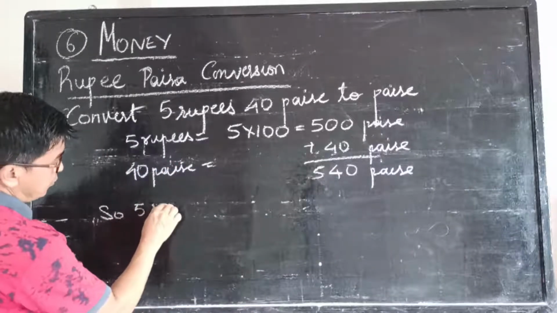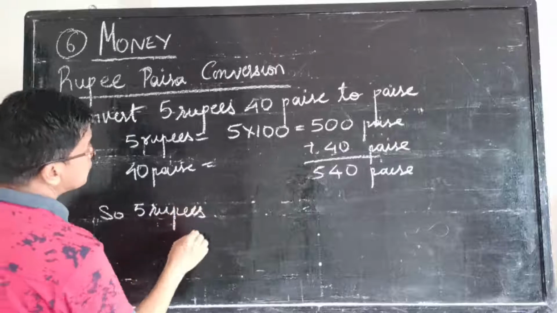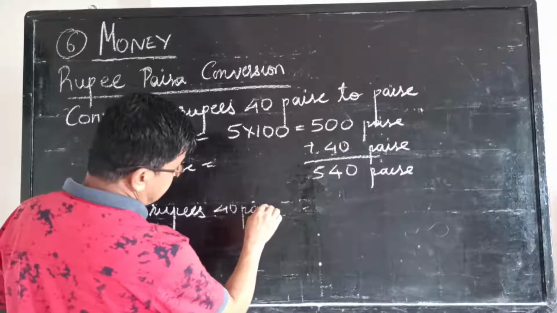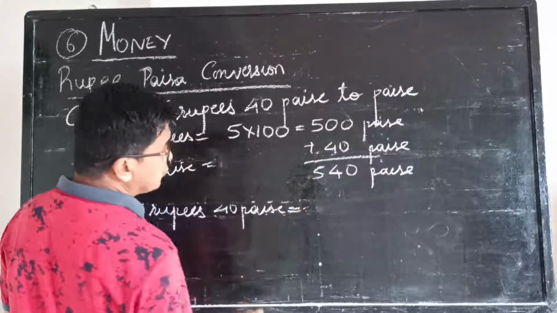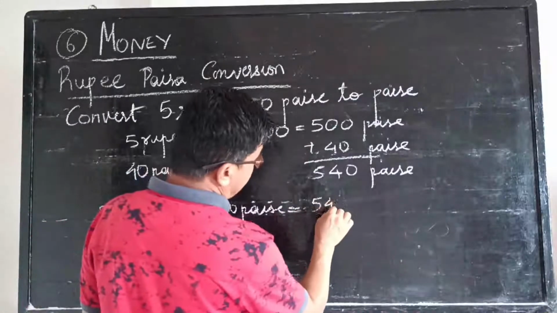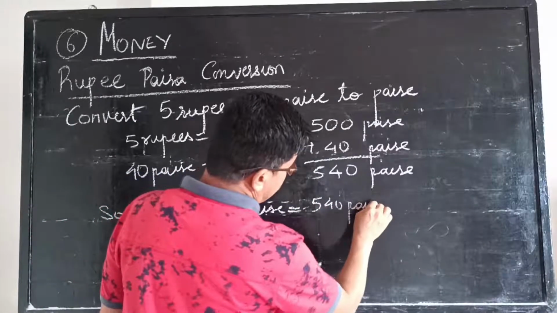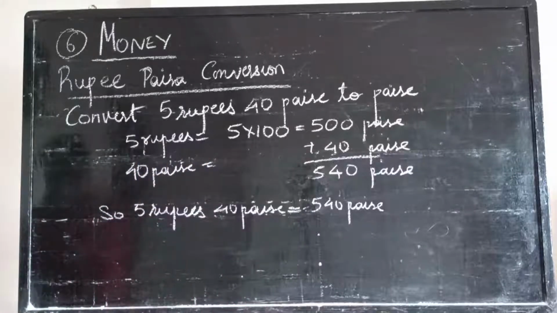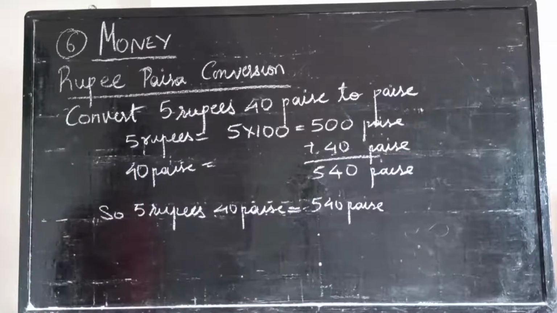So 5 rupees 40 paise is equal to 540 paise. Now there is a shorter method of converting rupees and paise to paise, which is just to remove the dot.